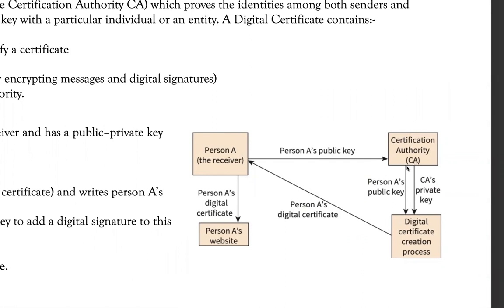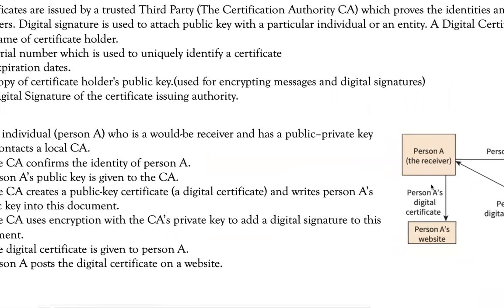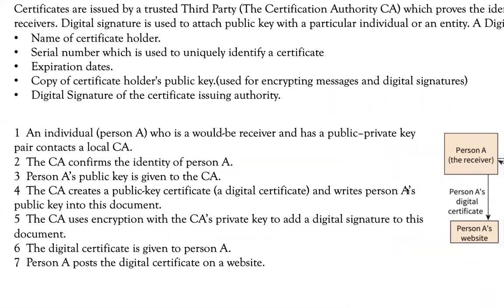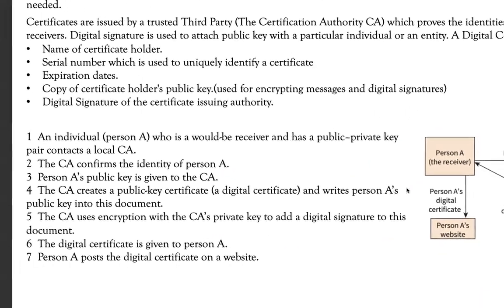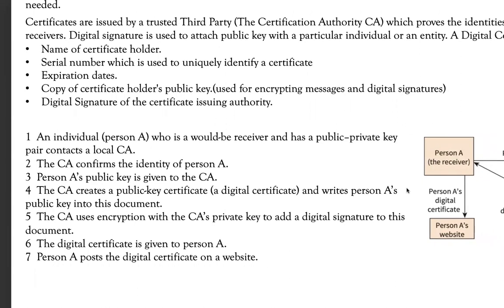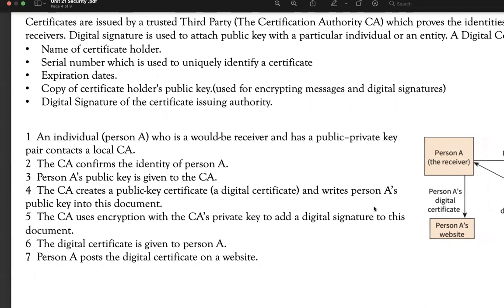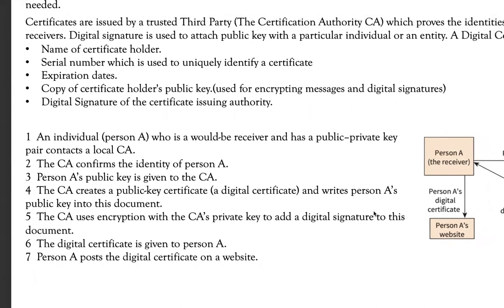The certification authority will use person A's public key and their own private key to create a digital certificate. They will encrypt their own information, their own digital signature, using their own private key, because as mentioned before, we need to be able to trust whether the certificate is authentic. So the certification authority will use their own private key to encrypt their digital signature.